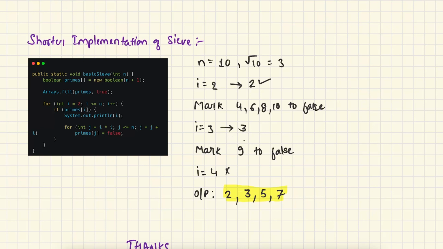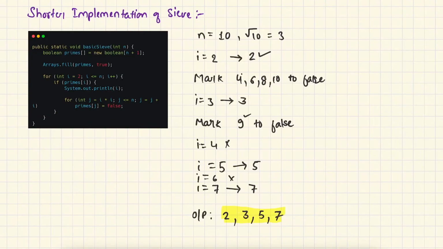3 into 3 is 9. So we start from 9. And 9 is the last number. And in the next iteration when i becomes 4, the if statement checks if 4 is prime or not. We would have already marked 4 as false, so this condition becomes false and we are never going to enter the if statement, right?